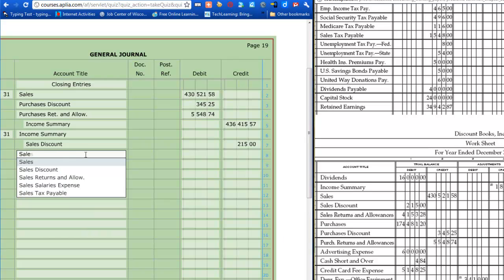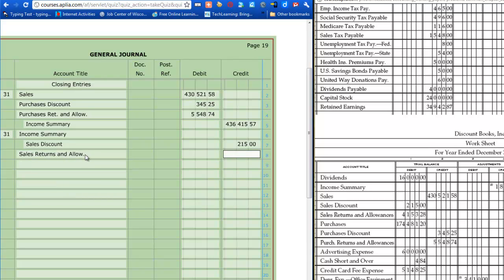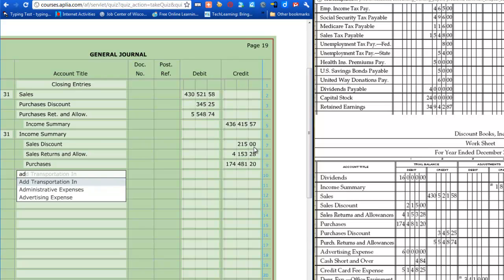Below sales discount is going to be sales returns and allowances for $4,153.28. Purchases for $174,481.20. Advertising expense for $6,000.